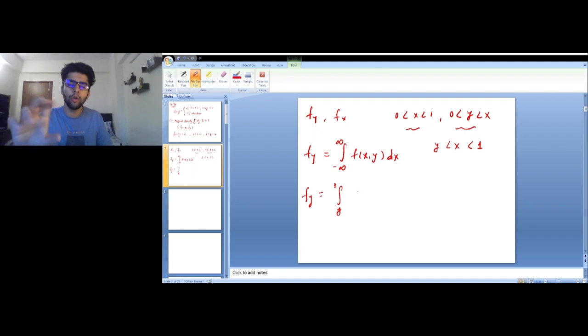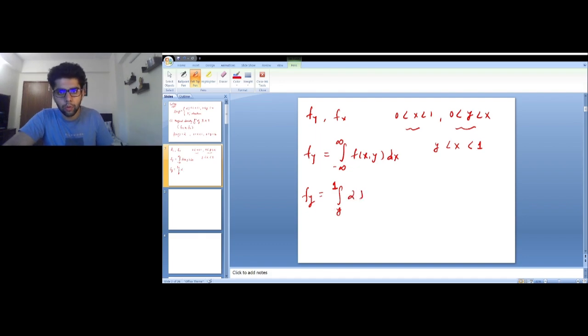So the term should only comprise of having one variable, that is y. Then only I can say that I have a marginal density function of y. This is the reason why I am including y in the limits, and we also need to make sure that we don't miss any term of y, right? Because we are finding f of y. This is also one more reason why I have to include that in the limits, right?